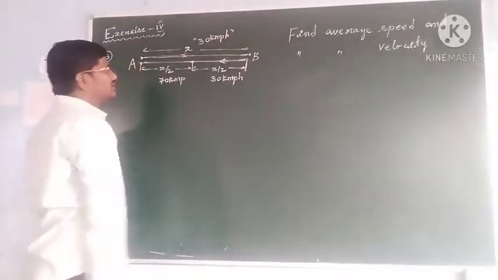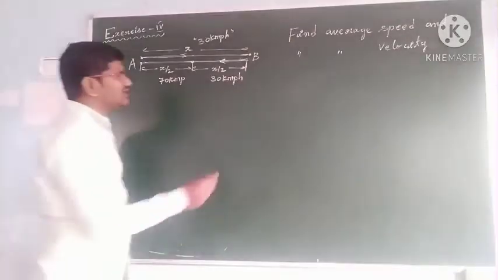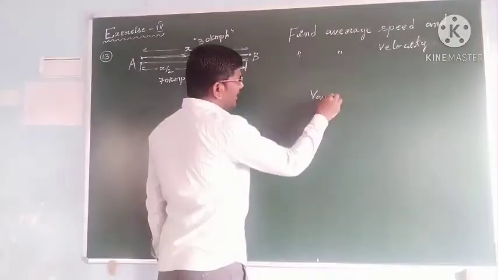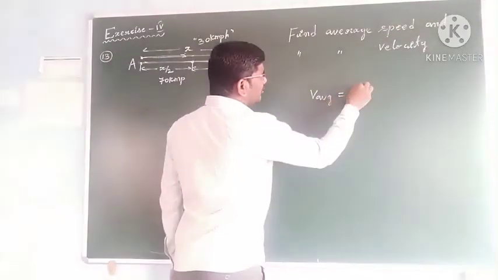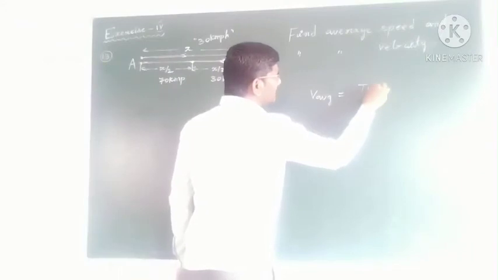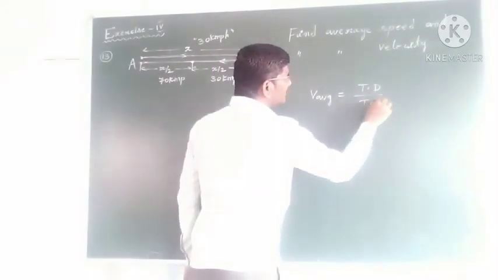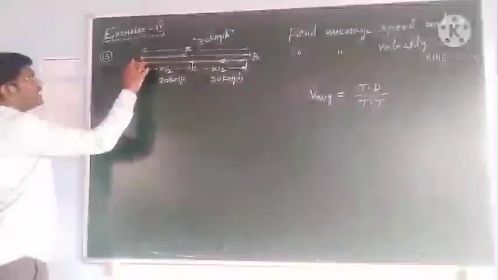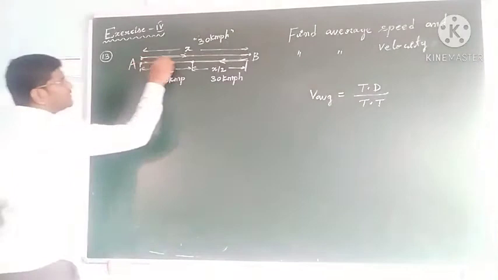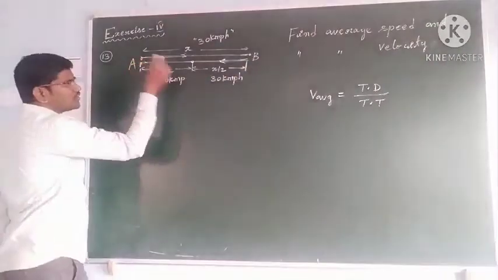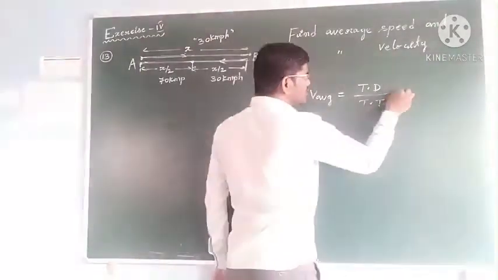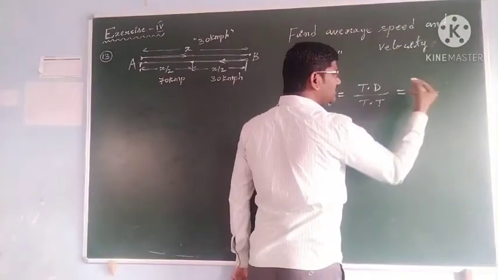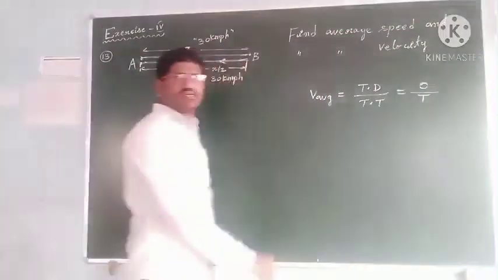Okay, students. See, simply I will do one thing here. Average velocity is equal to total displacement by total time, we know. The particle started at A, it went and it came back. So initial and final points are the same, so total displacement is 0, and it may take some time for the entire trip, forward journey and backward journey.